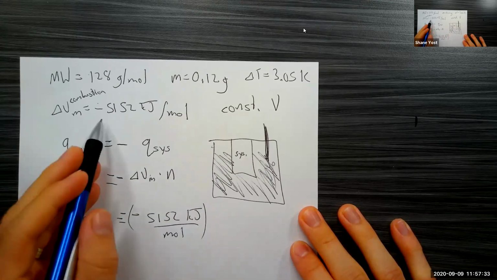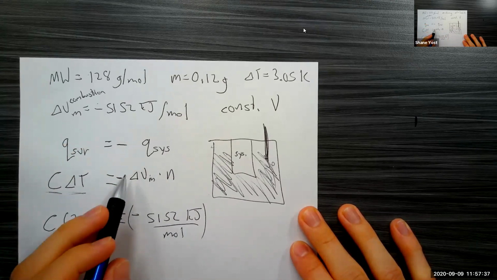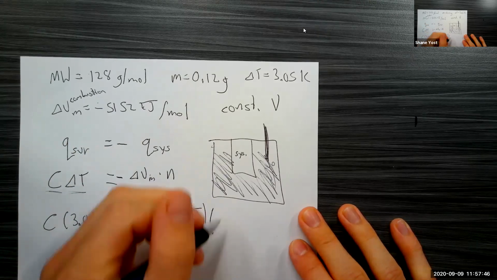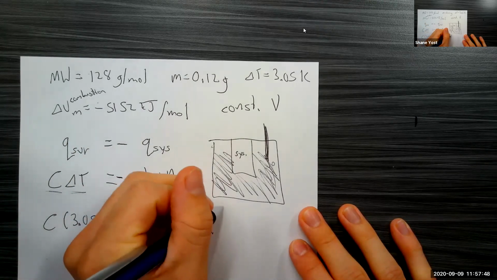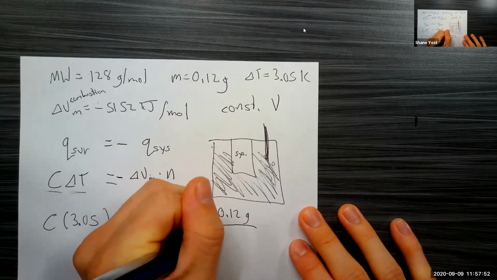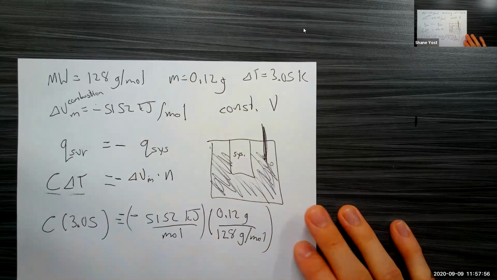Delta U itself is a negative value, and then there's the minus sign that sticks around that I'm carrying through. And then the number of moles is going to be given by the mass divided by the molecular weight. So 0.12 grams divided by 128 grams per mole.